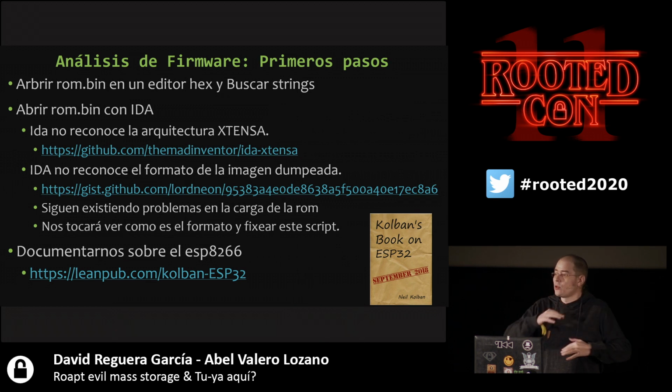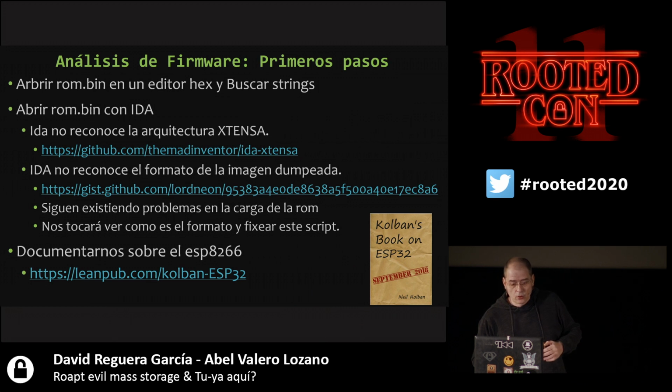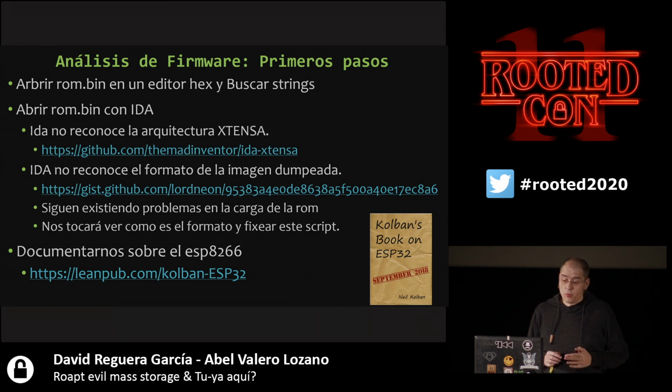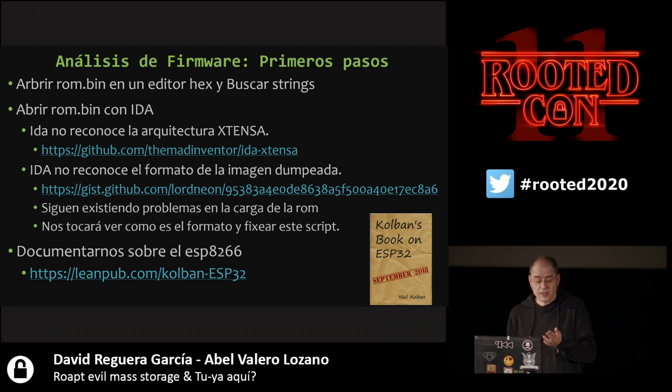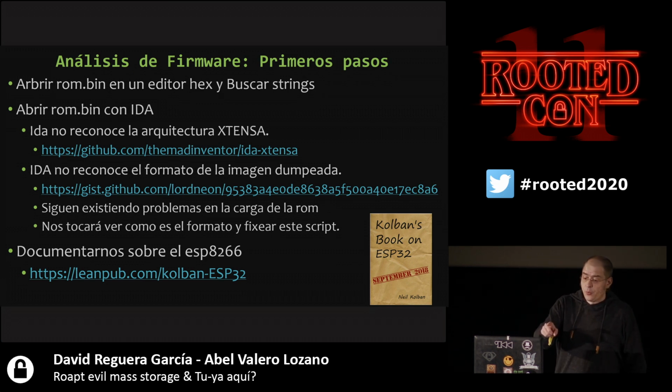Then I see structure in a specific format. Then when I start to document myself about the architecture, doubts are cleared. I know nothing about the ESP8266. There is a really nice book called Mans's book on ESP32. This is a free booklet, and it explains very relevant things.